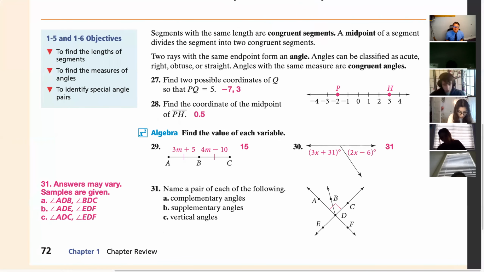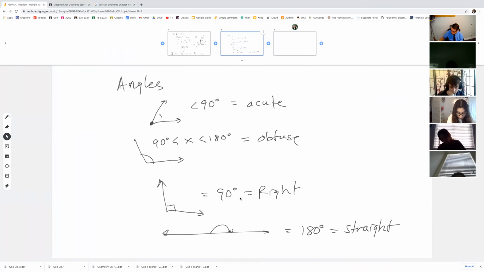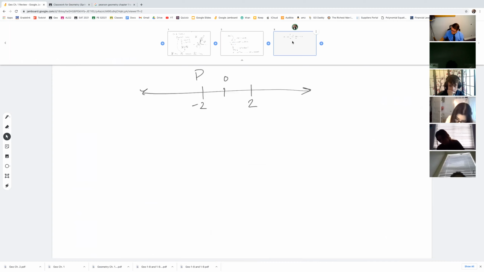Find 2 possible coordinates of Q so that PQ equals 5. Okay, 2 possible coordinates of Q so that PQ equals 5. Well, let's look at this. P. All right, so we want PQ. We're going to come up with a Q, okay?